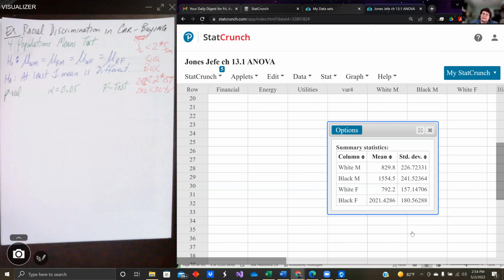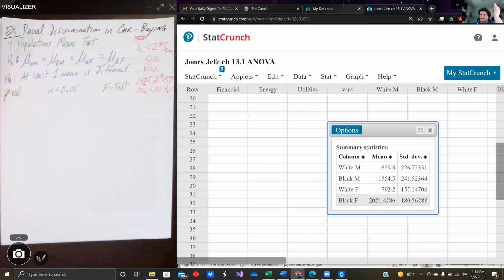Now, looking at the means, not the test. If I look between races for each group, like white male versus black male, the white male is 829 versus the black male is 1500. And if I check females, the white females are around 800, the black females around 2000.